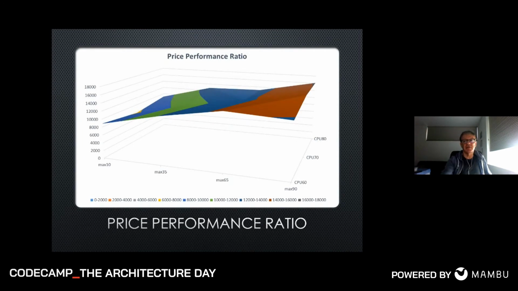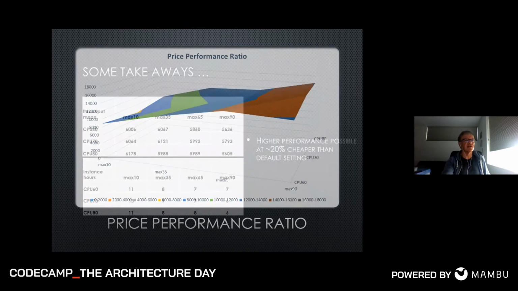And if you plot price performance ratio, which is always interesting, again, this is pretty obvious. You see much better price performance ratio for more concurrent requests and more CPU utilization than you do for just letting 10 concurrent requests and 60% CPU utilization. So all those are really interesting plots, but what do they mean in practice?